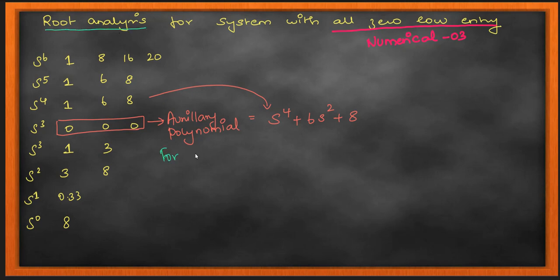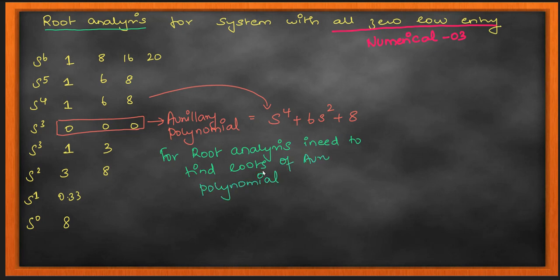When you have an auxiliary polynomial, we need to do a quadratic factorization. We need to factorize this auxiliary polynomial using the quadratic expansion and then find the roots, because if you just take a 0, it cannot tell anything about whether it is on the right side or the left side of the plane, right?